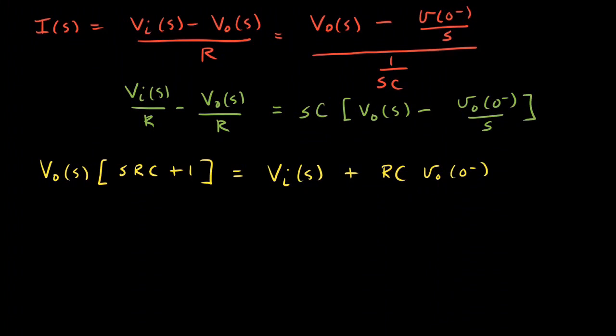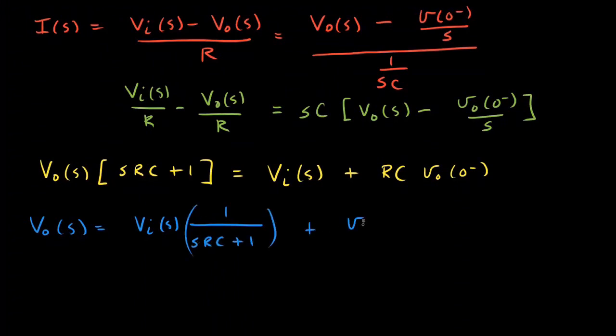Okay, so I can continue on, then I can divide both sides by SRC plus 1, and so I'll get V out of S equals V in of S times 1 over SRC plus 1, and then plus V out of 0 minus times the quantity RC divided by SRC plus 1.